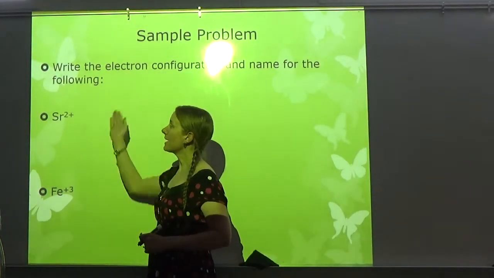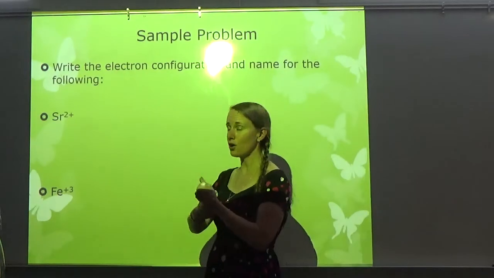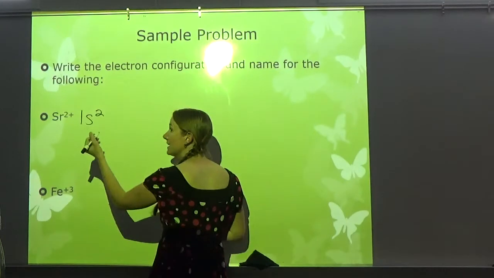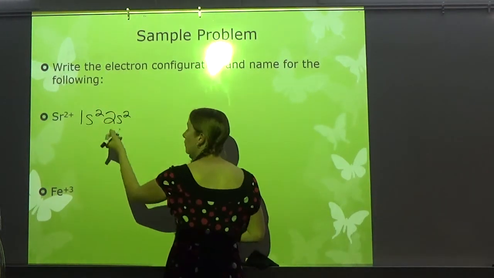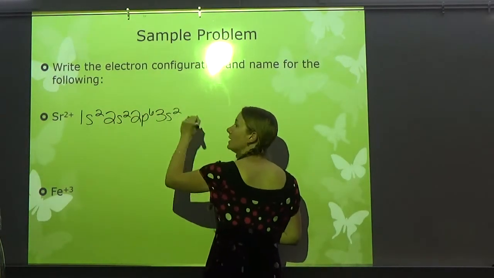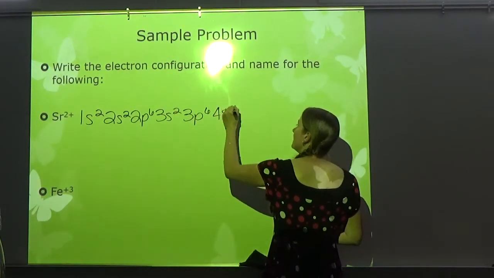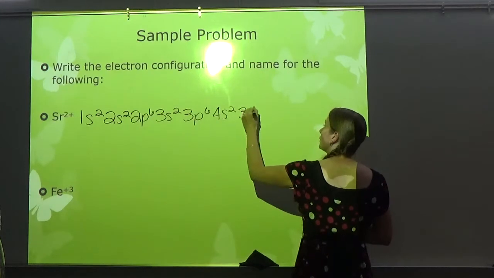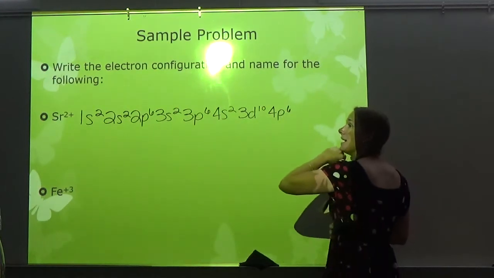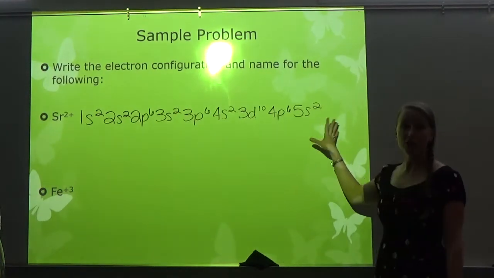Before I do anything, I'm going to disregard the charge completely and just write the electron configuration for Sr. At hydrogen I'm at 1s2, at lithium I'm at 2s2, at boron I'm at 2p6, at sodium I'm at 3s2, at aluminum I'm at 3p6, at potassium I'm at 4s2, at scandium I'm at 3d10, at gallium I'm at 4p6, and at rubidium I'm at 5s2. So this is the electron configuration for just strontium.